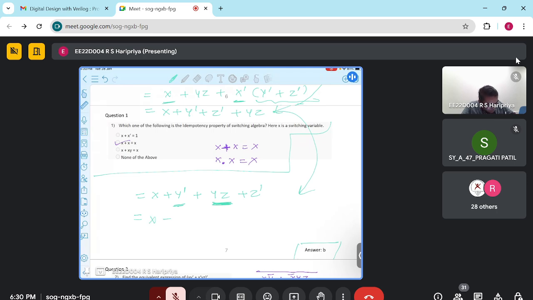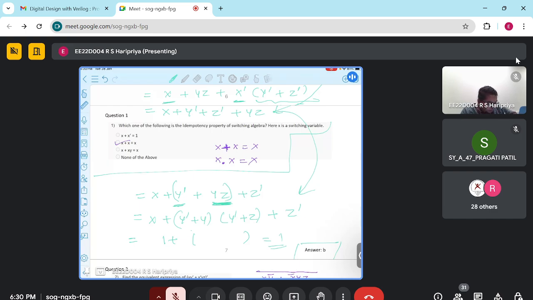Okay, just distribute this y complement plus y complement y complement plus z plus this also you can perform, and this gives 1 plus something which is equal to 1.